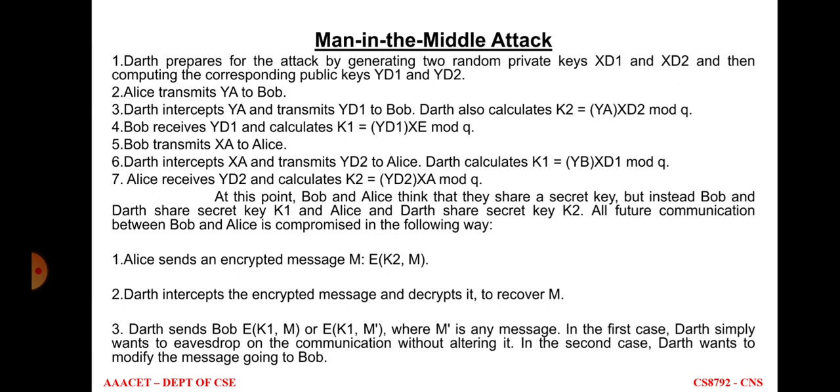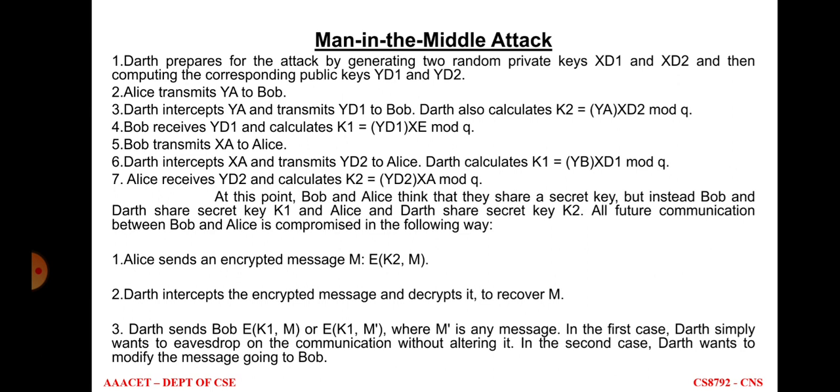Next Bob receives yd1 transmitted from Darth and calculates k1 using the value sent by Darth, yd1, right? So now you can clearly see that Bob calculates the key value from what was sent by Darth, and Darth also calculates the key value from what was sent by Alice.